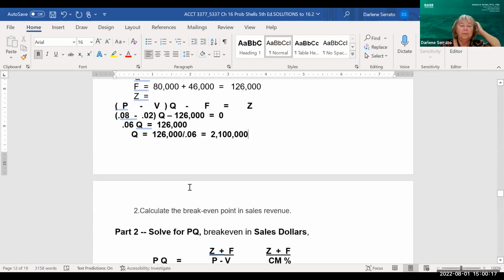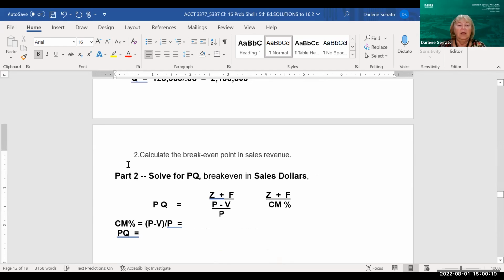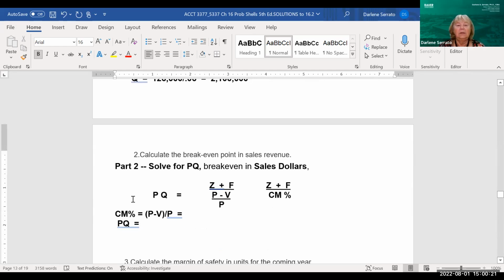Okay. Then calculate break even in sales dollars. So first we need to calculate contribution margin percentage, which is going to be 0.08 minus 0.02 divided by 0.08.